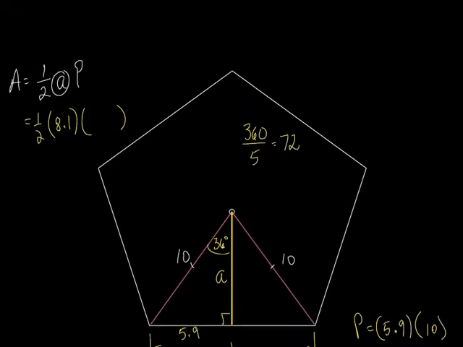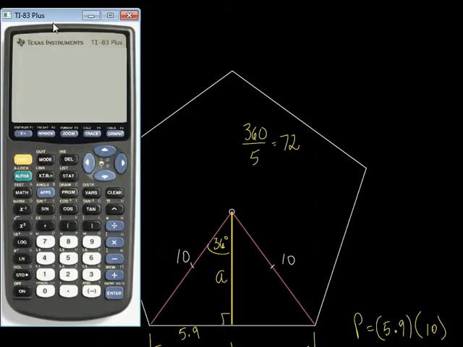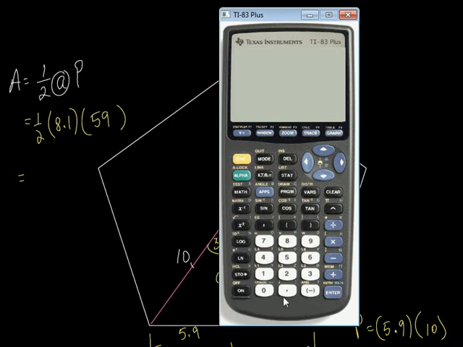We're just about finished. So that's what we're going to put in for the perimeter. You put a 59 right there. One more thing. Chuck that into a calculator and you got the area and you're finished. So it's half of 8.1 times 8.1 times 59 equals, did I do that right?